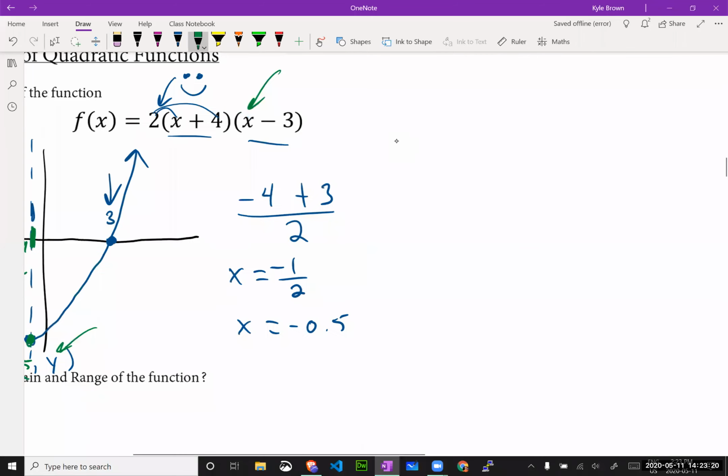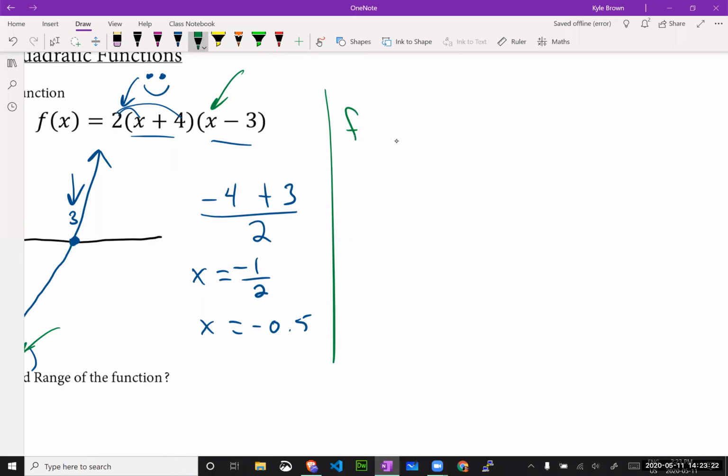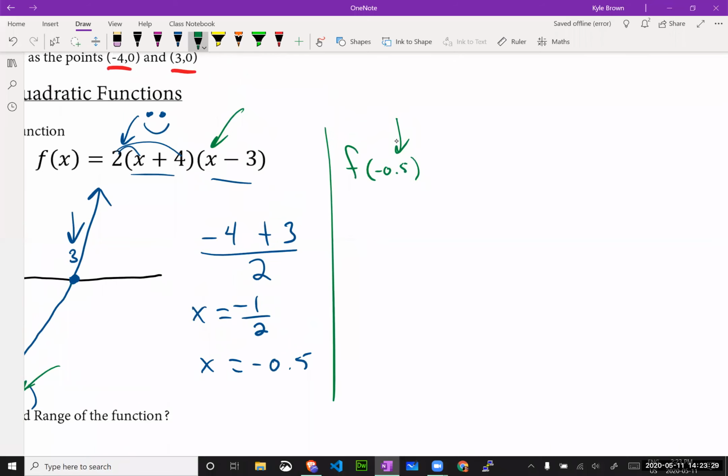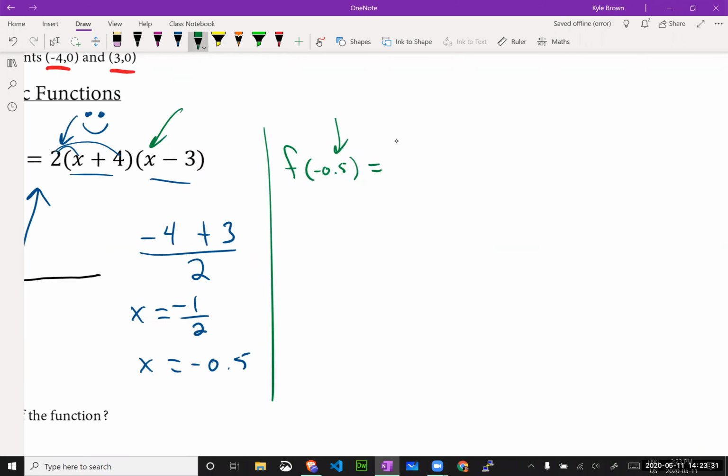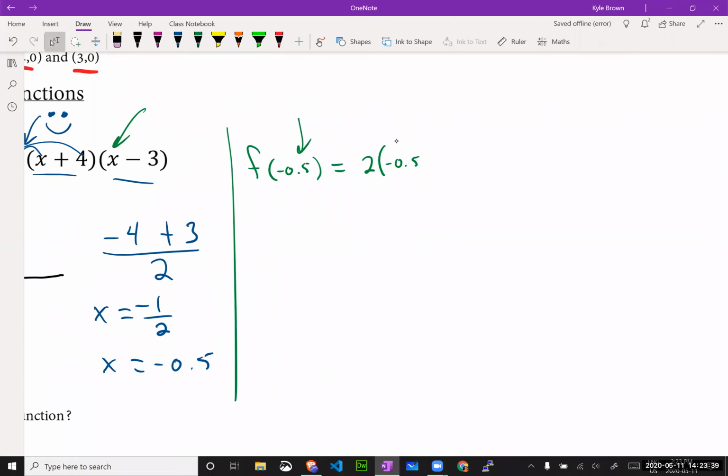Okay, so we'll say f of negative 0.5, right? That just means I'm putting negative 0.5 into the function. And that's equal to 2, and then instead of an x, I'm going to put in negative 0.5, right? Put in my x value there. Plus 4. And then negative 0.5 minus 3.